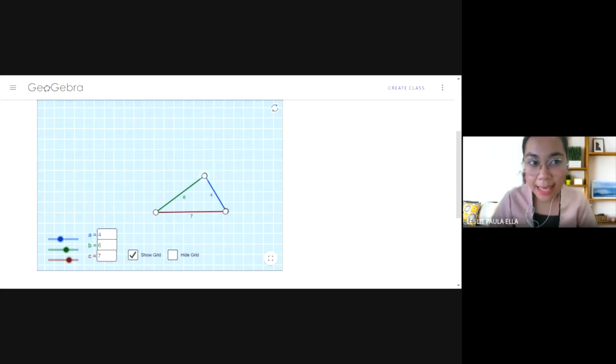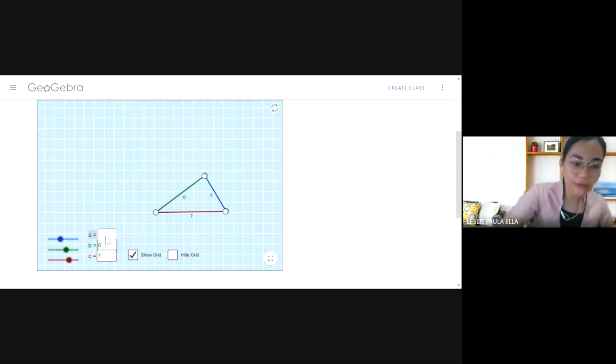Type yes or no in the chat box if you think that we have formed a triangle, with the given sides of 6, 4, and 7. Okay, yes, thank you. So we have formed a triangle using this given set of lengths.